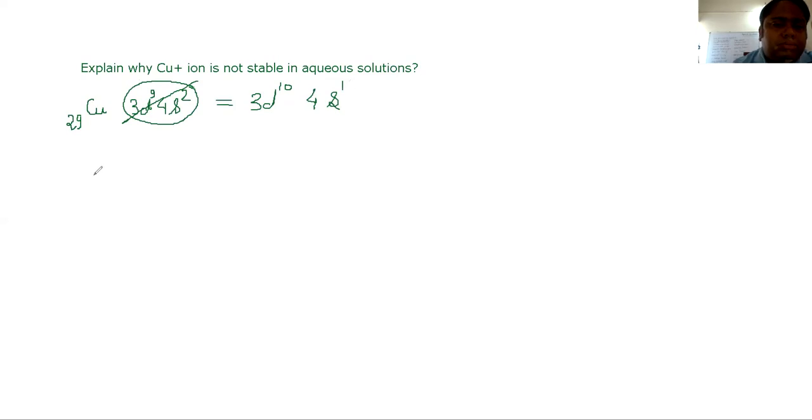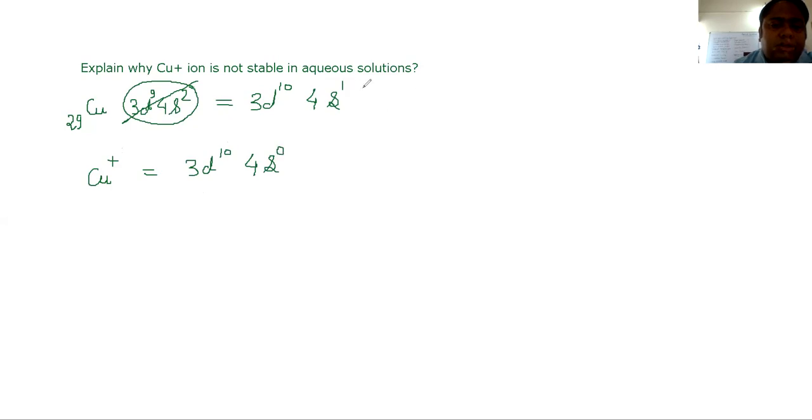Now, if you see Cu1 plus ion, then it has got 3d10 4s0. Only one electron is left now.